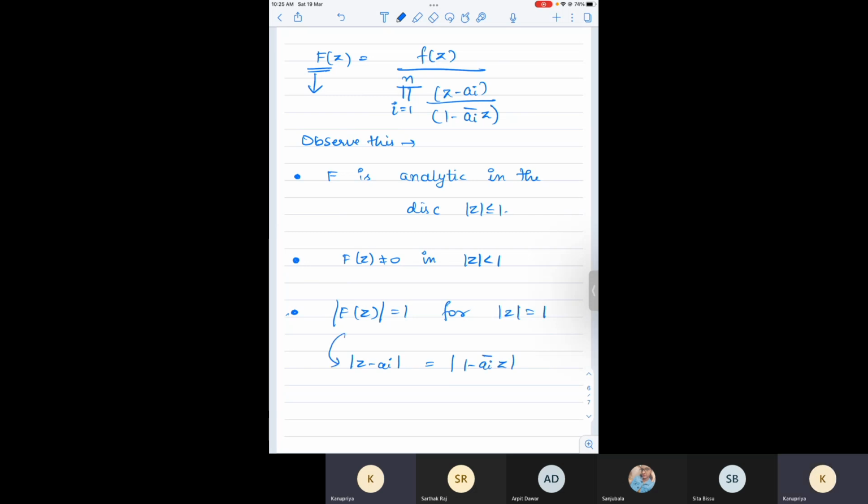Once you get this, you can easily see that the modulus of capital F(z) will also be equal to 1 for mod z equal to 1. These two things are equal.